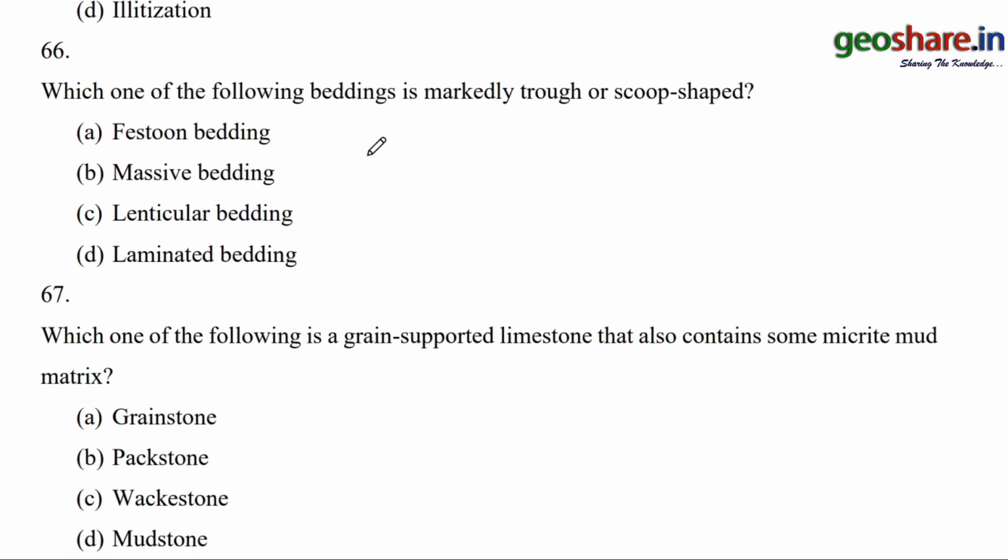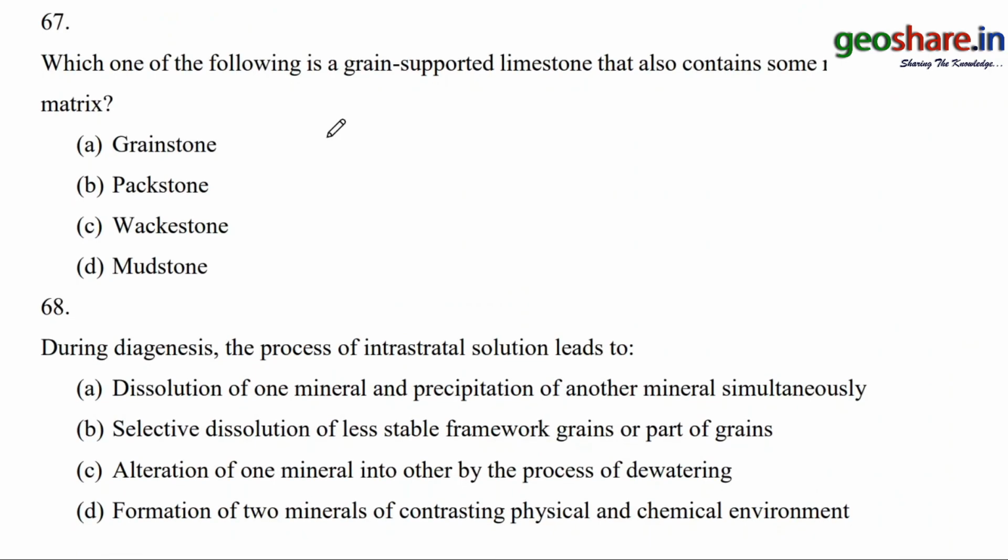Which of the following bedding is markedly trough scoop shaped? Festoon bedding. Which one of the following is grain supported limestone that also contains some micrite mud matrix?